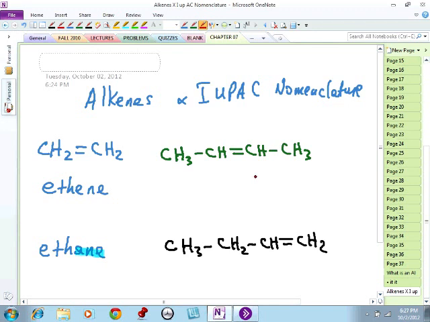So in this case, this is carbon number 1, and you have to number this so that the carbon-carbon double bond will be given the lowest possible number. So that is carbon 1, 2, 3, and 4. Therefore, what will be the name of this alkene? 1-butene. So it's a 1-butene.